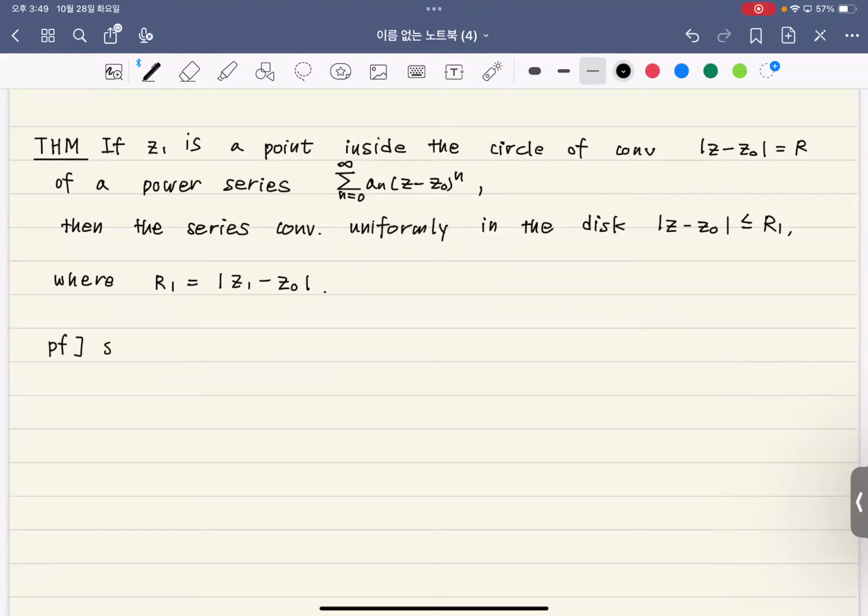So what is the idea? The main idea to prove this is the absolute convergence of this power series. I hope you all remember this. My point z1 has been chosen inside the circle of convergence. I define R1 to be the distance from z1 to z0, and this is less than R. If this point was chosen from inside the circle of convergence, and you plug it in here, then this series converges absolutely.